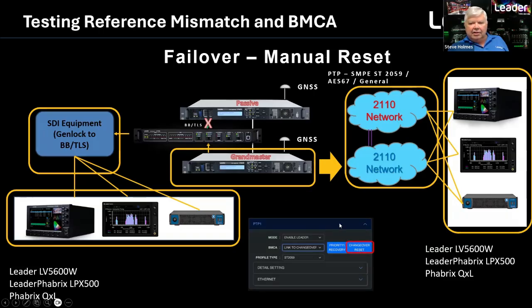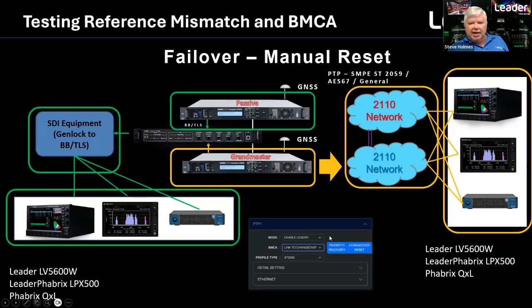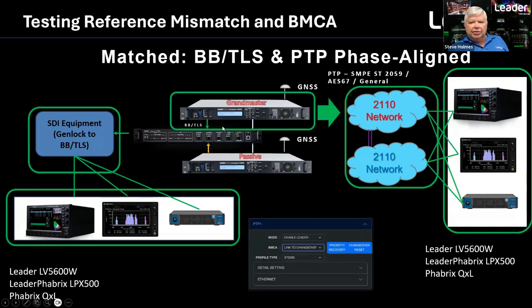And I can hit a changeover reset and I can hit a priority 1 reset. The priority 1 reset will switch the PTP back, and that way the engineer is always in 100% control of what happens within the network.